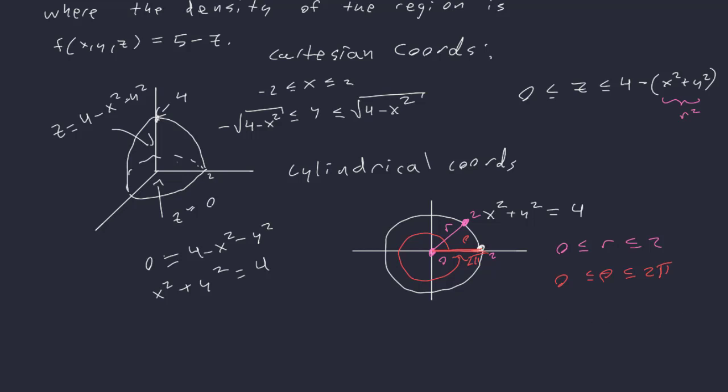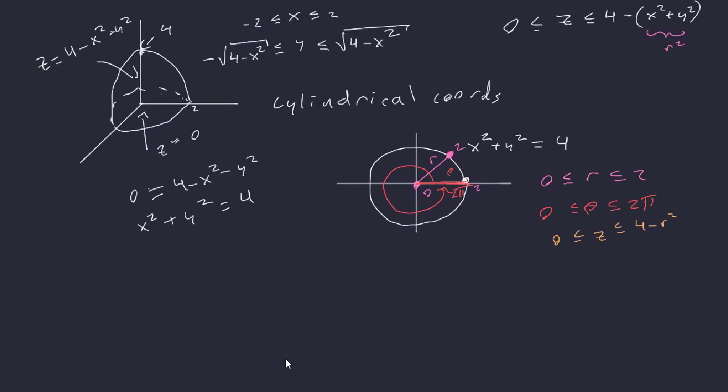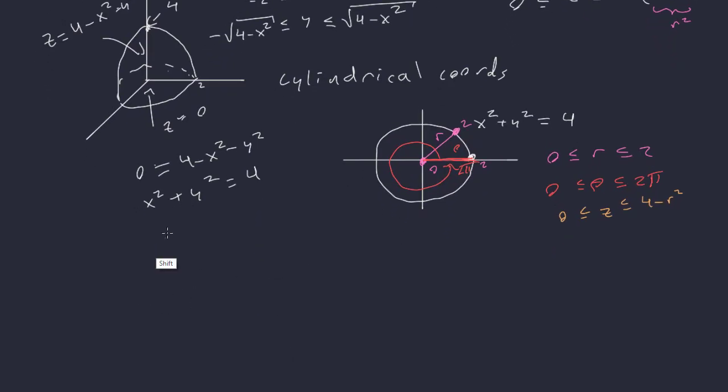Okay, so our z is simply going to be between 0 and 4 minus r squared. As you can see, this does simplify things a lot. And in fact, if you were to graph just z equals 4 minus r squared on the zr axis, this is what you would get.